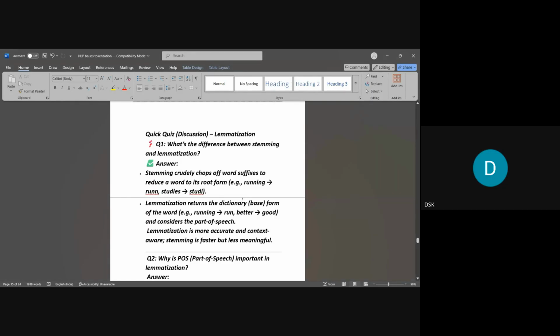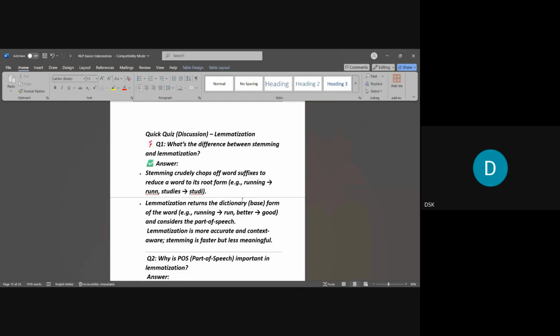So, quick discussion: what is the difference between stemming and lemmatization? Stemming crudely chops off word suffixes to reduce a word to its root form. For example, running would be run and studies would be studi. But lemmatization returns the dictionary base form of the word.